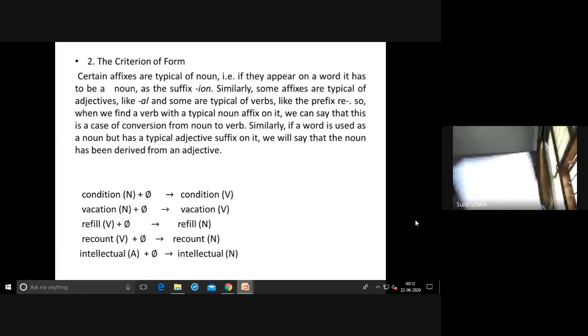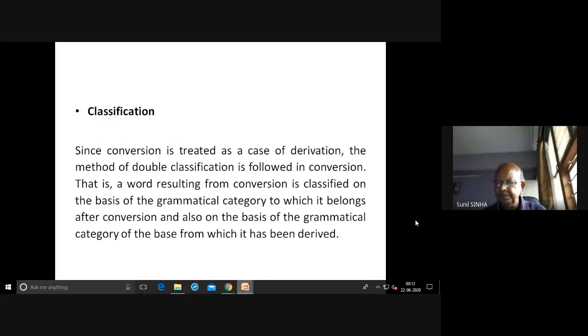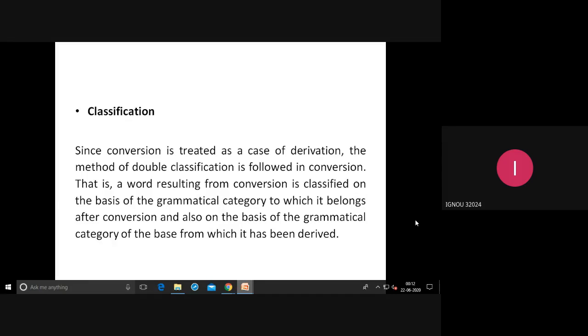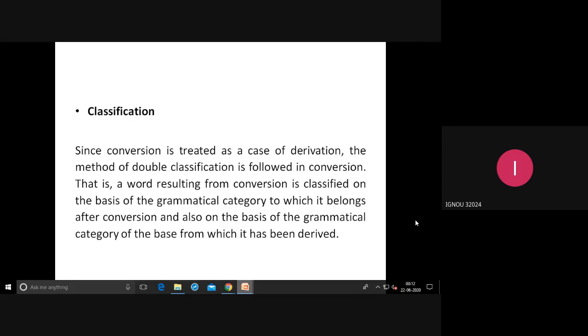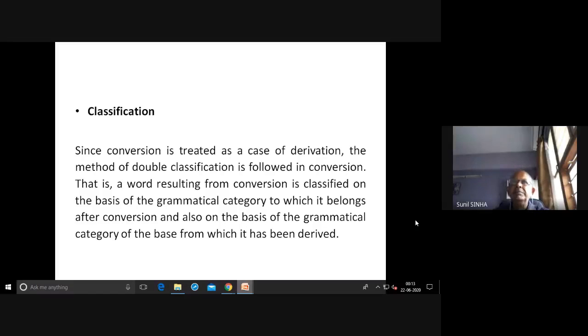Okay. Thank you, sir. Now, let's come to the next slide, classification. Sir, it has come on the screen, please check once. Classification. Hello, hello. Hello, sir. The whole screen is not projecting. Slide number 6.